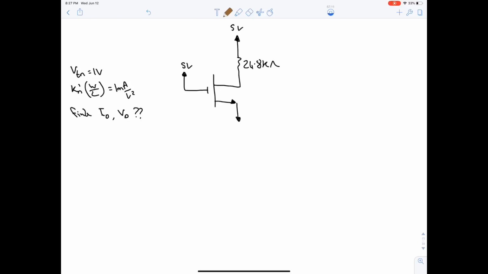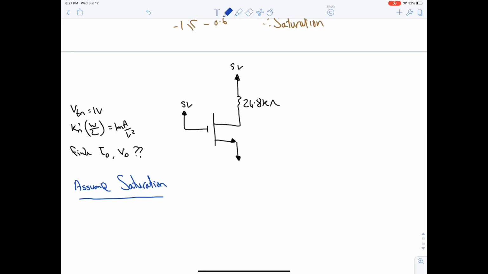Okay. Next, we need to find here ID and VD. Given that VT is 1 and Kn prime W over L is 1 milli. So we start by assuming saturation. Okay. After we assume saturation, first let's say that this is NMOS.